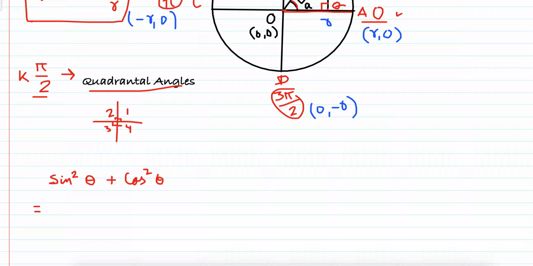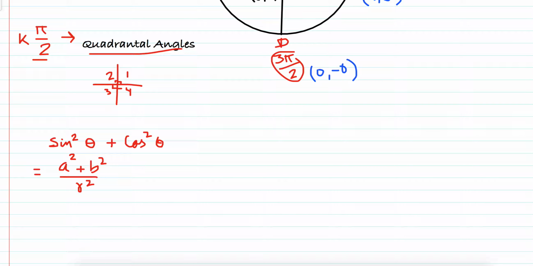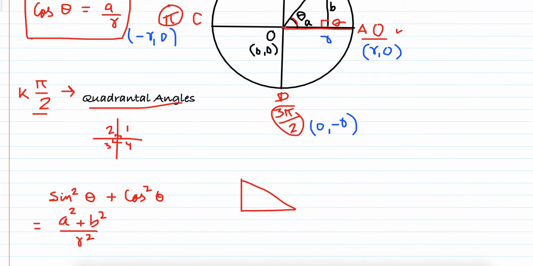So squares of these will be a square by r square and b square by r square. I will take r square common: a square plus b square by r square. In a right angle triangle, perpendicular square plus base square is equal to hypotenuse square.